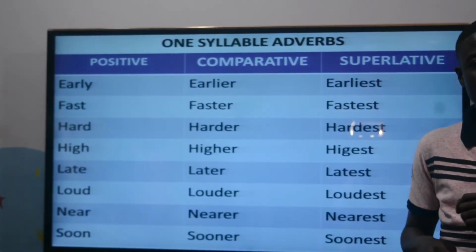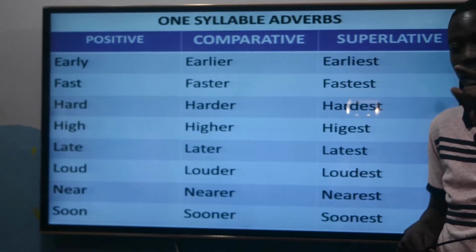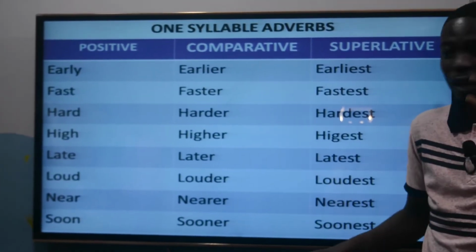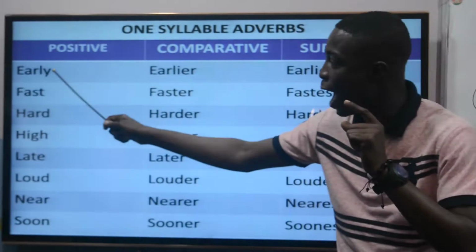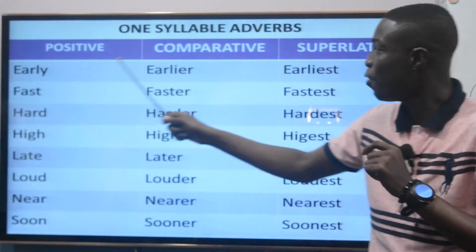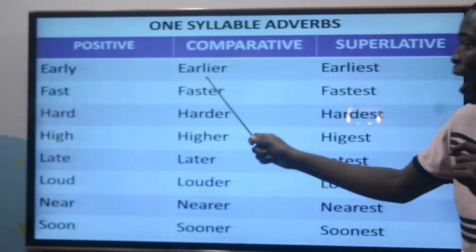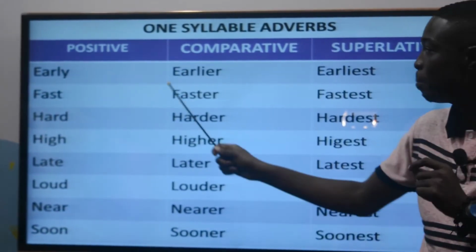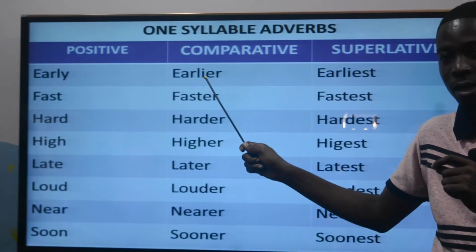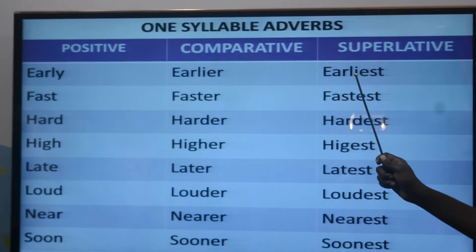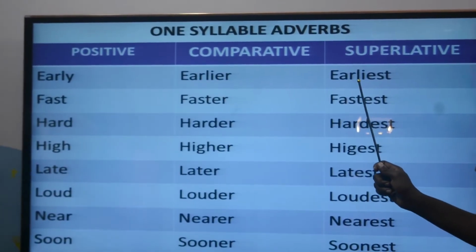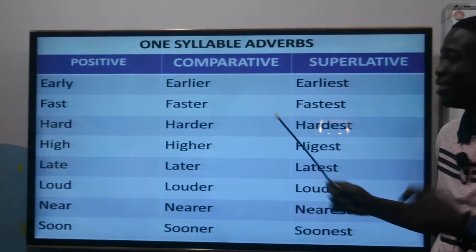But don't forget, in adjectives, we said that if any word ends with Y, and we are forming the comparative, we change the Y to I. That is how come we have I here, and I here as well. I hope you remembered.